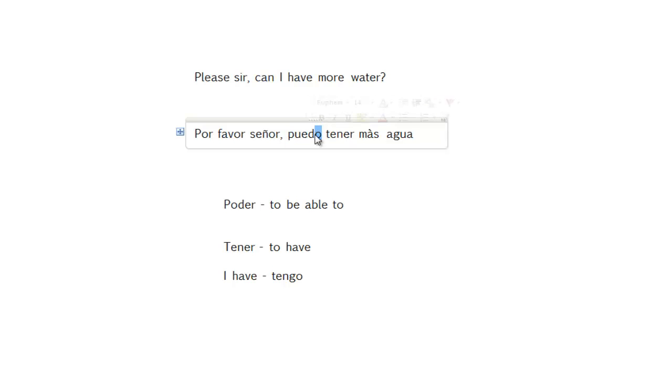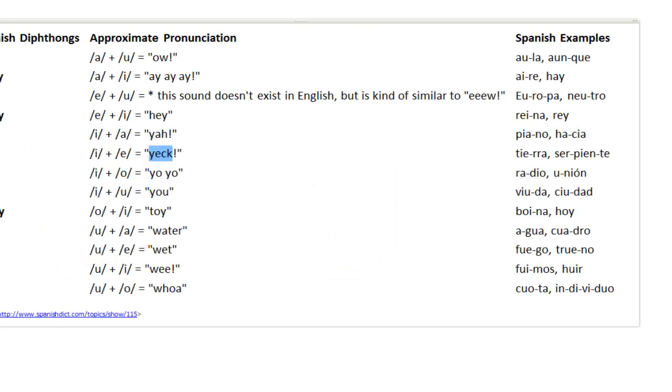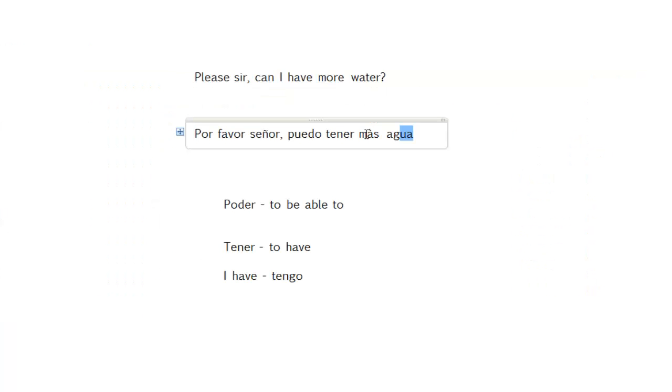Puedo, because it's a vowel. Tener, because it ends in ere. Más, well, you've got one thing. Agua, wa. It's got that wa sound. And that, if we look in our sounds of Spanish, our diphthong, where is it? Wa, as in water. So there you go.